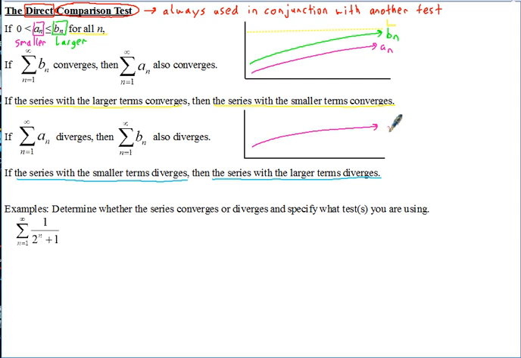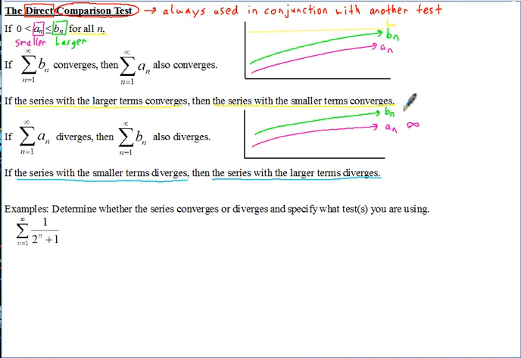So as we head out like this for a sub n, as n goes to infinity, this one approaches infinity. It keeps going up forever. There is no horizontal asymptote. And we know b sub n is always larger, greater than or equal to it. So b sub n would have to stay above it. So since a sub n diverges, it goes to infinity, b sub n would also have to diverge because it has to stay above a sub n.